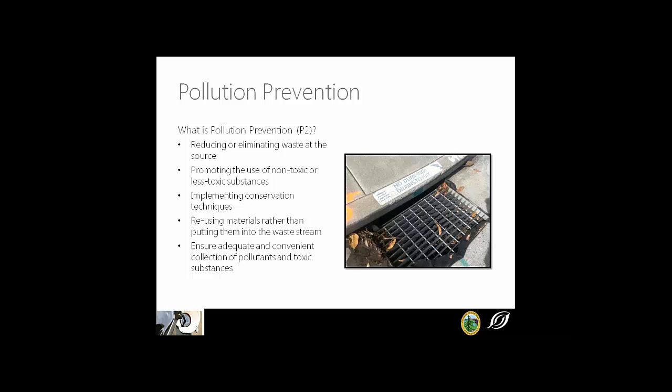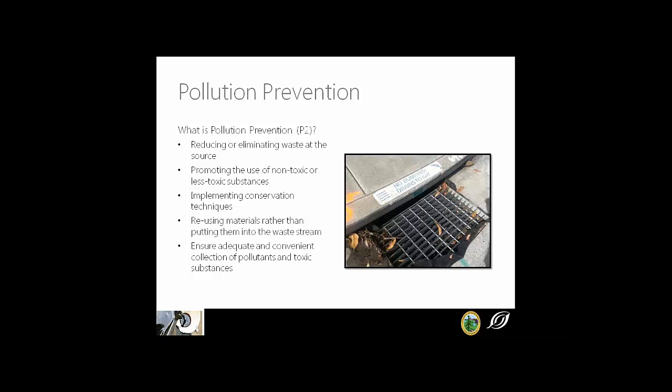A big way to do this is to implement waste reduction or conservation practices or reusing materials. And a very big part of it is just making sure that there's adequate and convenient collection of these materials.